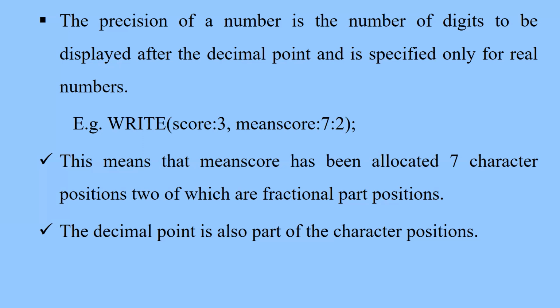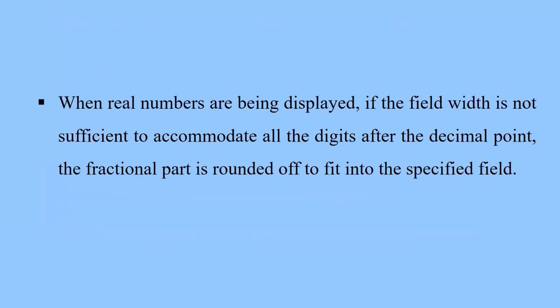So in fact, it is 4 for the whole number section, 1 for the decimal point, and 2 for the fractional part. When real numbers are being displayed, if the field width is not sufficient to accommodate all the digits after the decimal point, the fractional part is rounded off to fit in the specified field.